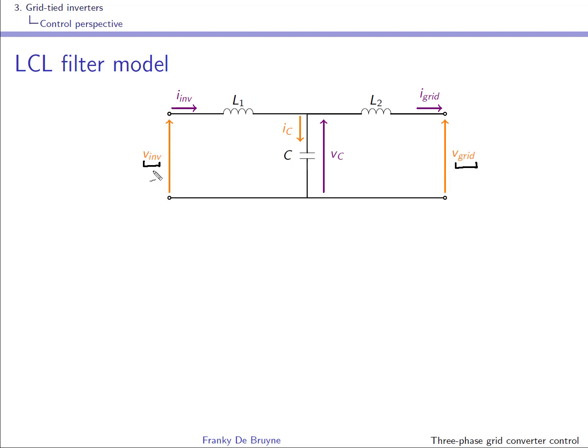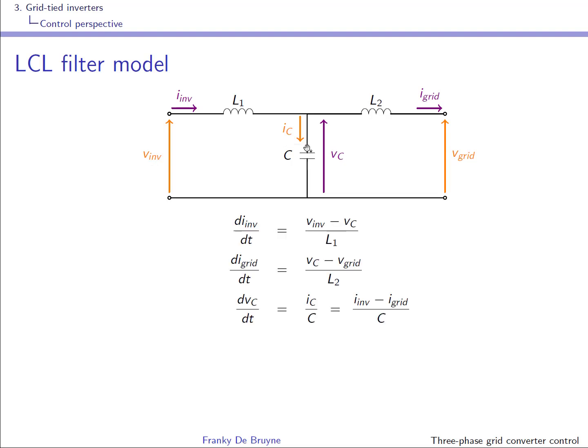Vinv, of course, can be influenced using the duty cycle D, and Vgrid is something that you have to live with, but it can also be seen as an input. So in purple you have the three states of the system, and I will also be using the current Ic over here that is flowing through the capacitor, although it's not a state of the system.